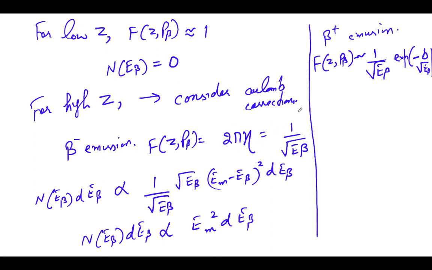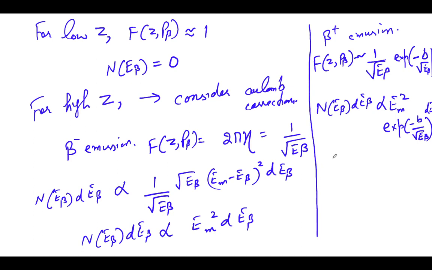So the value of N(EB) dEB is directly proportional to EM square into exponential of minus B over under root of EB into dEB.